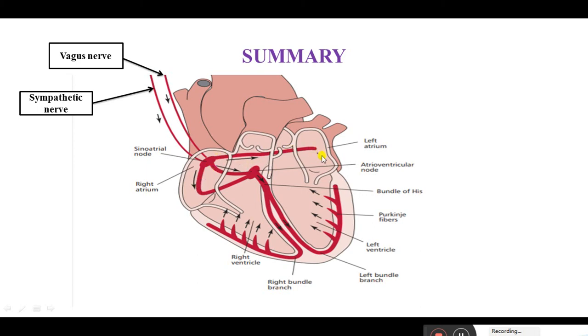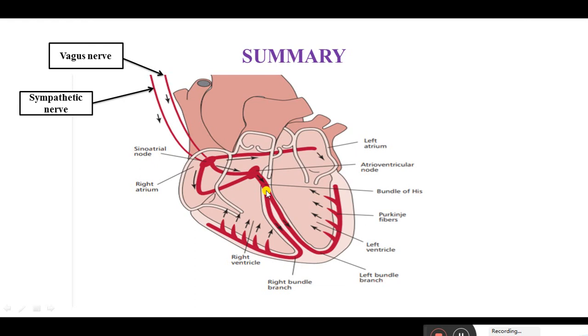As the atria contract, the AV node, referred to as the atrioventricular node, sometimes called the collection node, collects the impulse and delays the transmission of the impulse down the bundle of His to ensure that the atria contract completely and the ventricles are completely filled with blood.